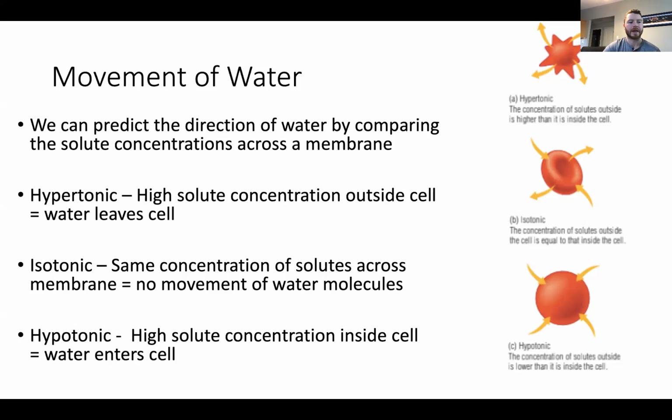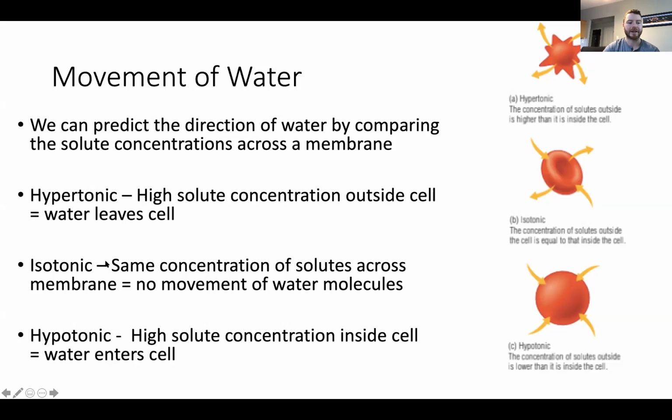Okay, so in a hypertonic, we have a higher solute concentration outside of the cell because water wants to reduce that concentration gradient and kind of like bring it back to equilibrium. The water will leave the cell in order to attempt to reduce that concentration gradient. Okay, so that's hypertonic. Higher solute concentration outside of the cell.